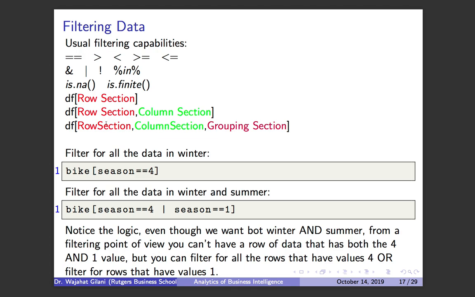And when there are 2 commas, again, the first section is the rows, the second section is the columns. And then in this third section, to the right of the second comma, is what we call the grouping section. Now for my BAP students, this is basically the group bys that we talked about. For my new programmers, anybody that's ever done pivot tables, this is similar to what we do in pivot tables.